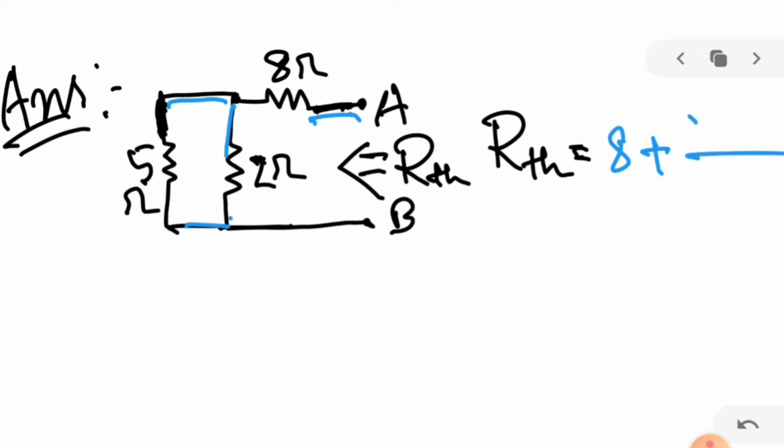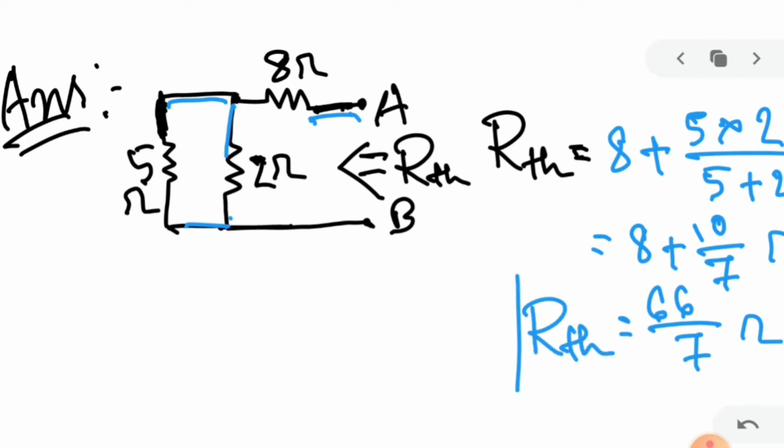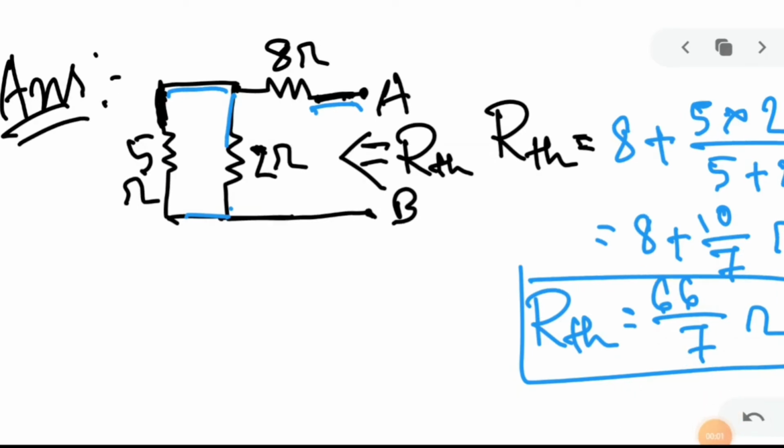What is the formula for parallel? 5 into 2 by 5 plus 2. So 8 plus 10 by 7, and it is 66 by 7 ohm. You must mention the units. So this is the RTH. It is easy, like the previous Thevenin's theorem. Okay, so we calculated the RTH.